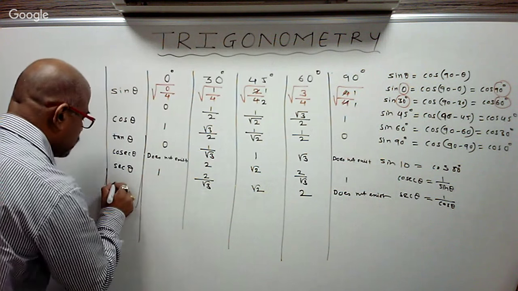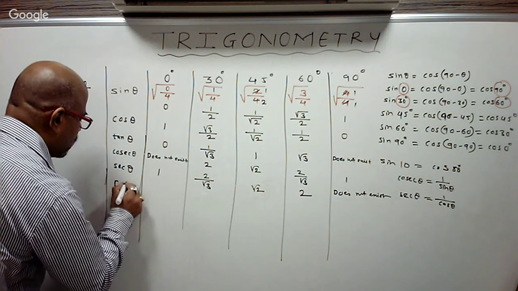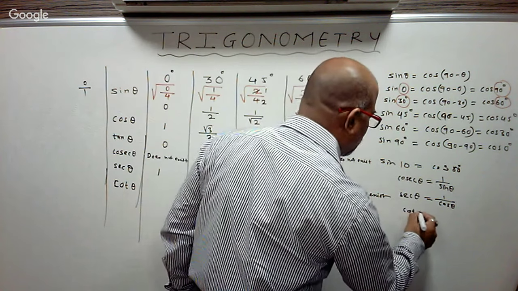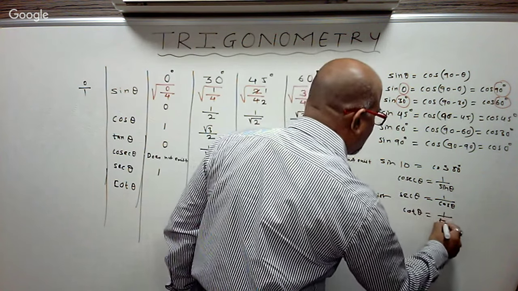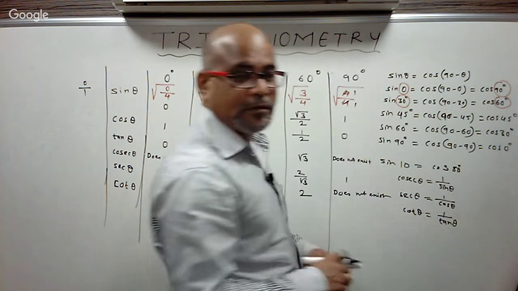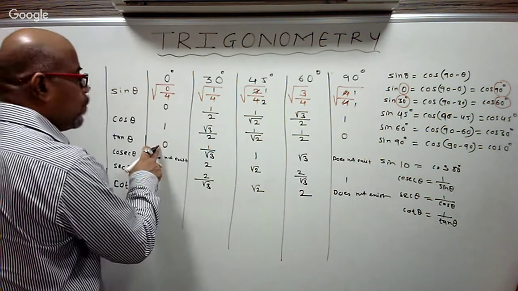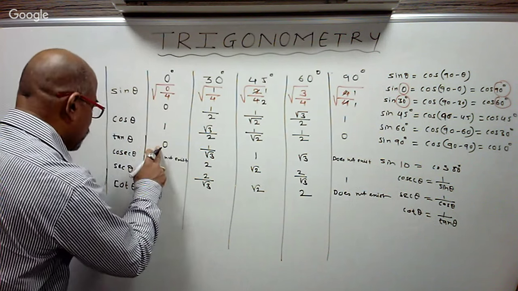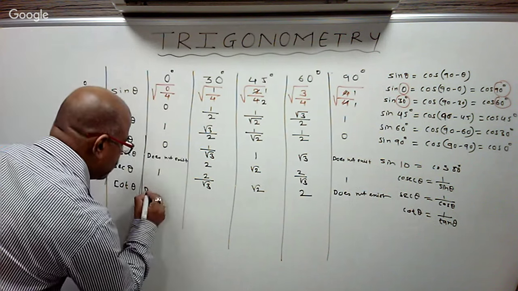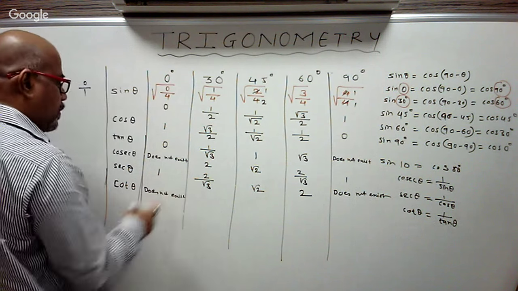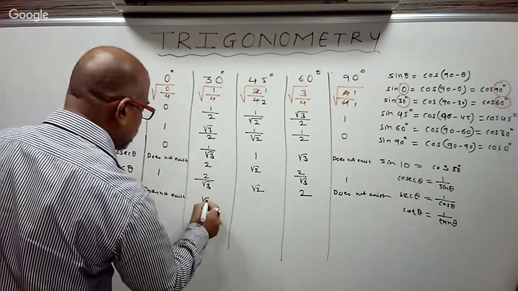And the last ratio, cot theta. We know that cot theta equals 1 upon tan theta. That means the reciprocal of all values of tan theta. Tan 0 is 0, therefore cot 0 equals 1 upon 0, does not exist. Then 1 by root 3, the reciprocal is root 3.